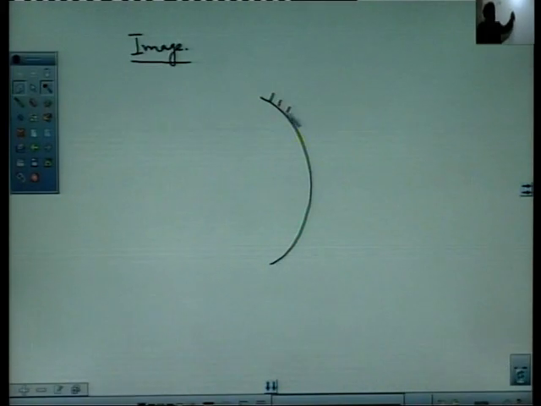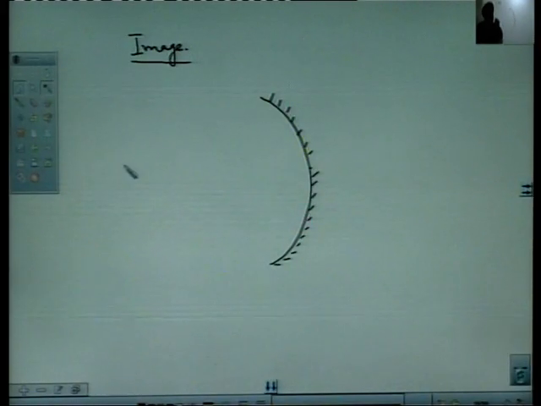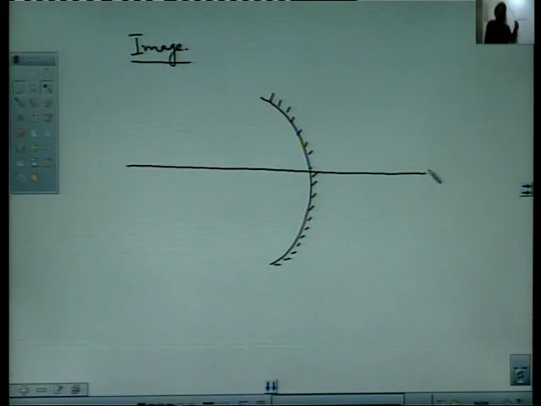Now, how is an image formed in these mirrors? We take one example. This is the concave mirror, this is the pole, this is the focal length, this is C, center of curvature.